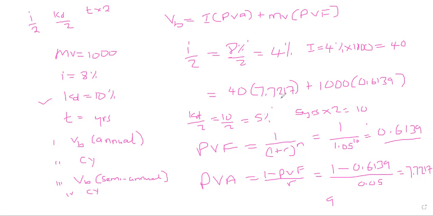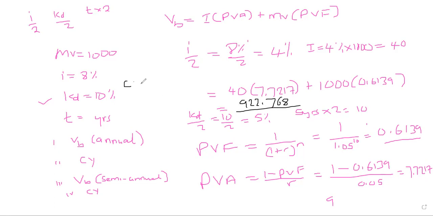This way, I've simplified the formula for you to understand. I know some of the lecturers will use a longer cut, but in my teaching, you know how I love to simplify stuff, so they don't think so much. So this will give you 922.768. So this becomes the value of the semi-annual bond.